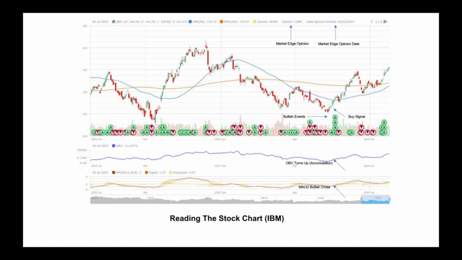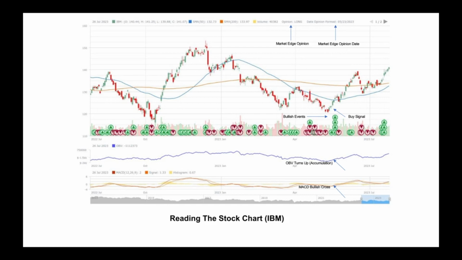Now, there are several other things that you need to look at. At the bottom of the chart, there are a couple of technical indicators that we like. The first one is OBV, on balance volume, which is a measurement of accumulation and distribution in the stock. Accumulation means there's a lot more buying activity, demand, than there is selling.